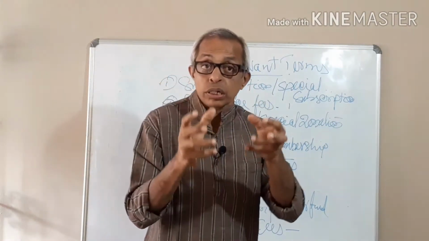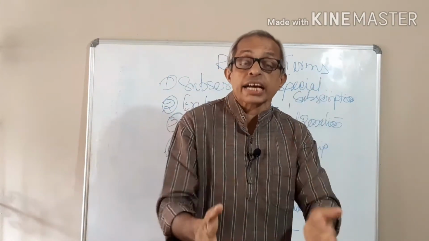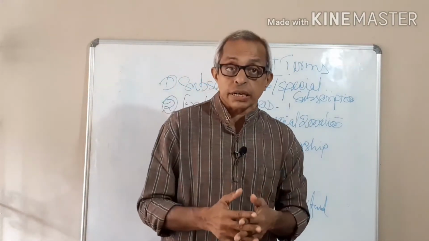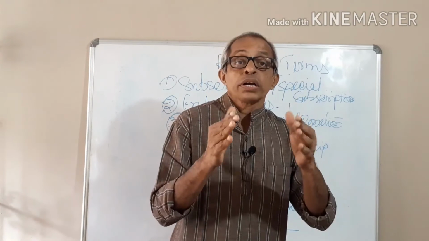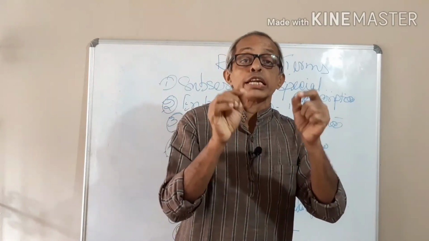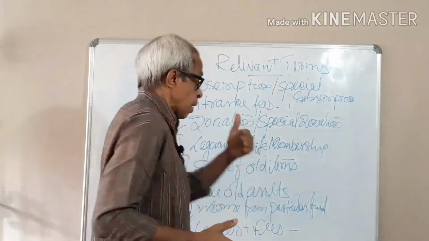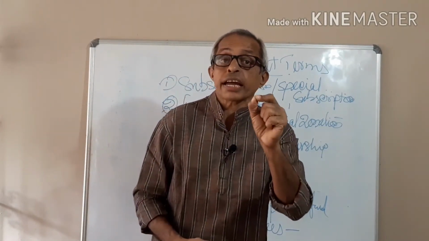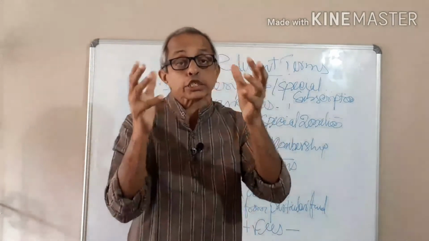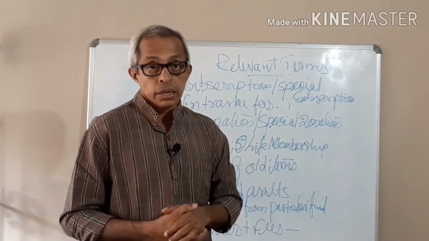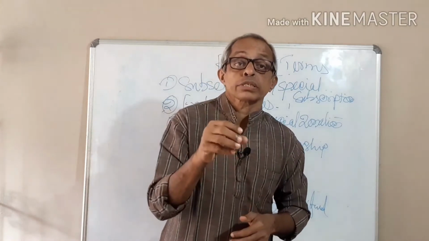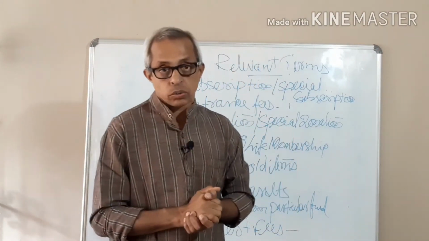The amount received as legacy should be treated as capital item, and therefore it should be shown on the liability side of the balance sheet. But if the amount so received as legacy is a small one, the same should be shown on the income side of income and expenditure account.